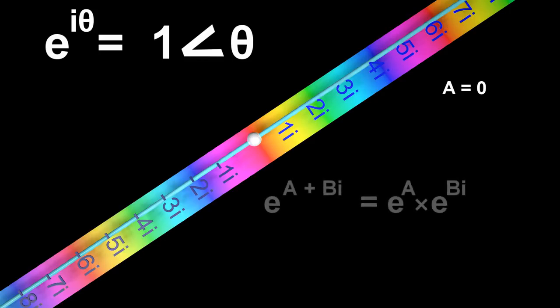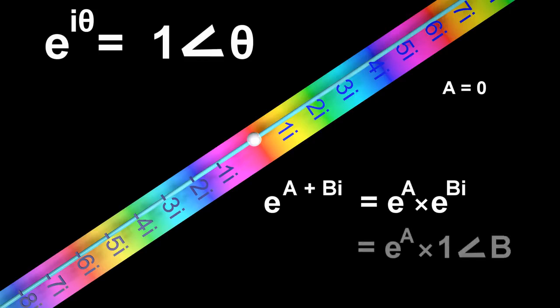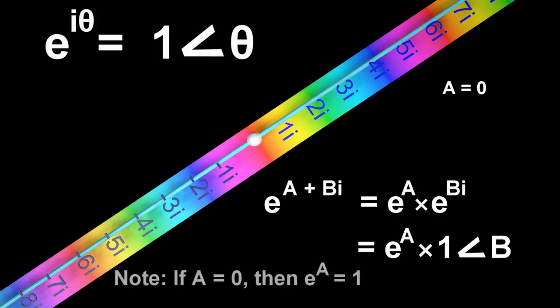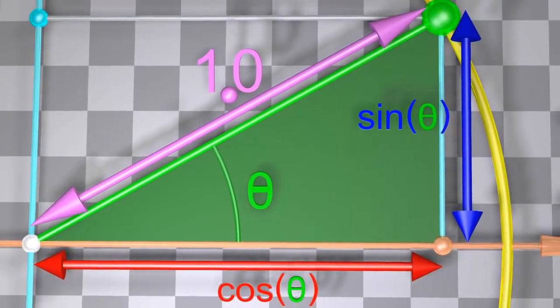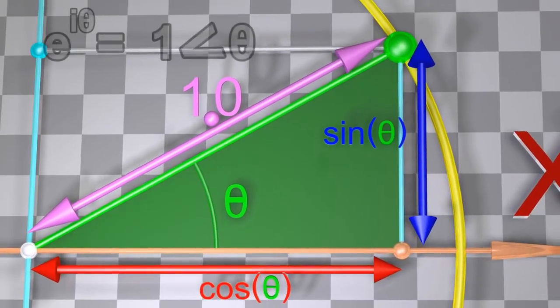As it turns out, e raised to the power of a complex number has the following formula. A complex number with a magnitude of 1 can be written as follows.